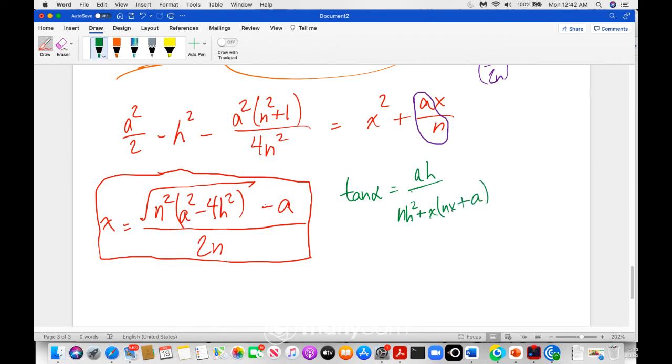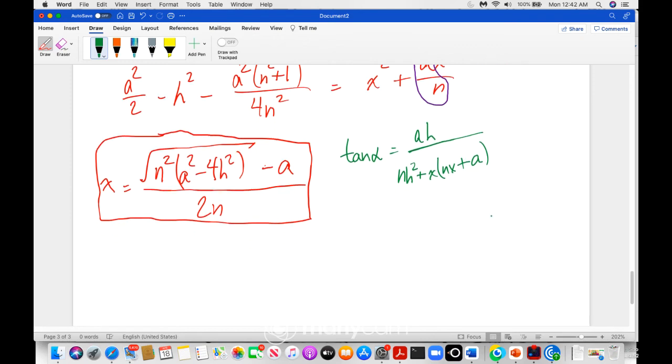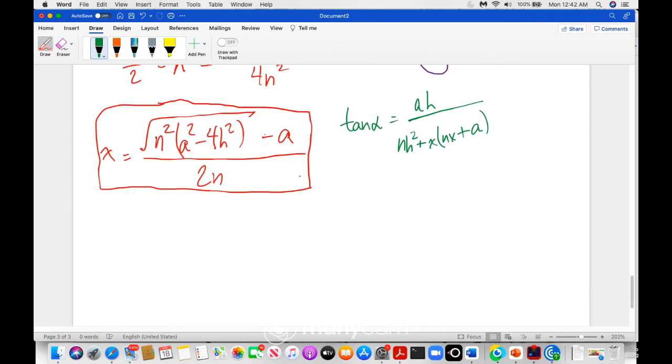All right, so we're going to treat this in a series of steps. The first step is going to be, since we have x, we're going to take n times x plus a. So we're only concerned with this part of our formula for now. Okay, so what is nx plus a?